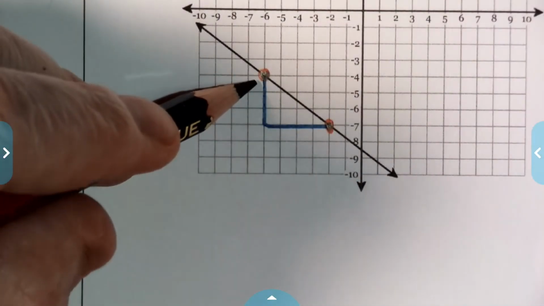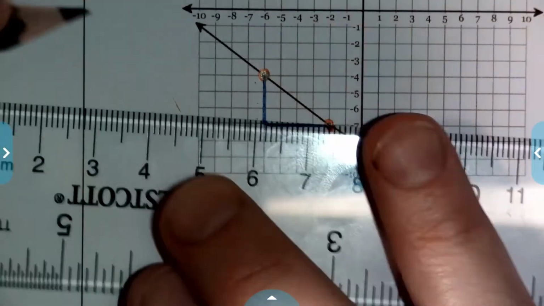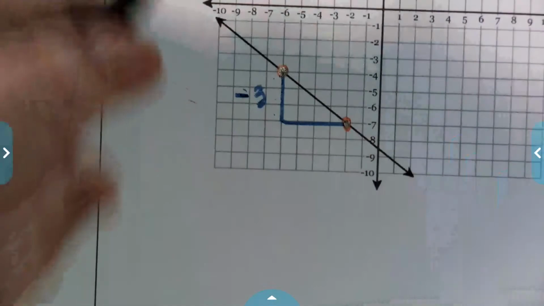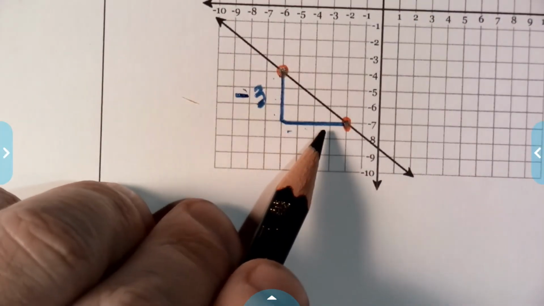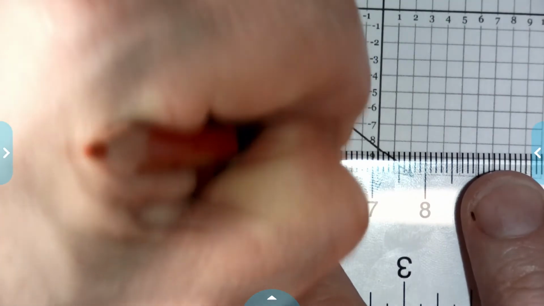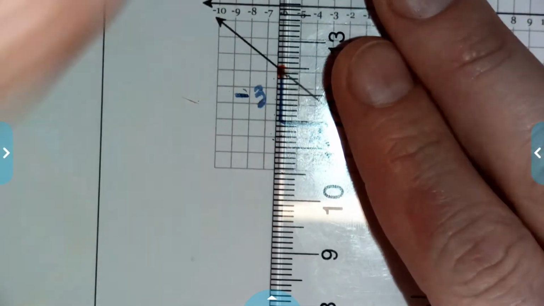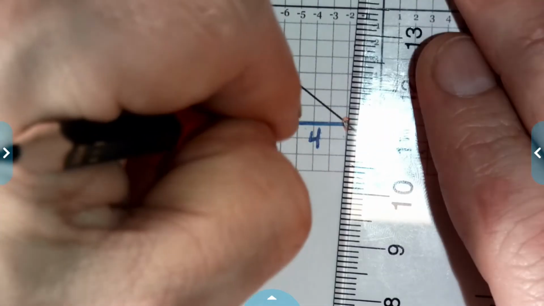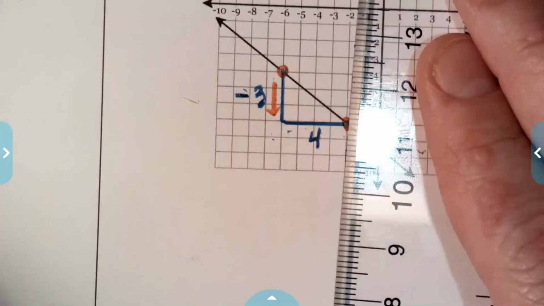And this is down 1, 2, 3. So -3. And then over 1, 2, 3, 4. So this is 4. So yeah, your fall is 3. Okay.